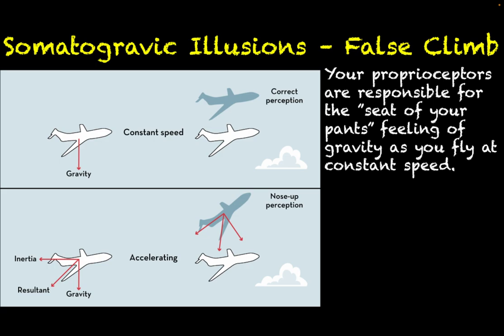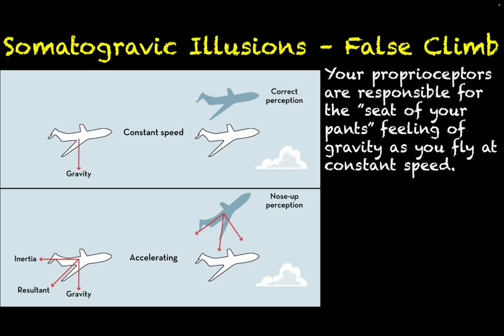Now, we just said that you can't feel acceleration if there is no acceleration. So if you're flying at a constant speed, there is no angular acceleration, but there is the linear acceleration due to gravity. If you're sitting in an airplane, you may not feel yourself flying forward, but you can feel the weight of your body pushing down and being pulled down towards the ground. That is not a vestibular feeling, that is a proprioceptive feeling.